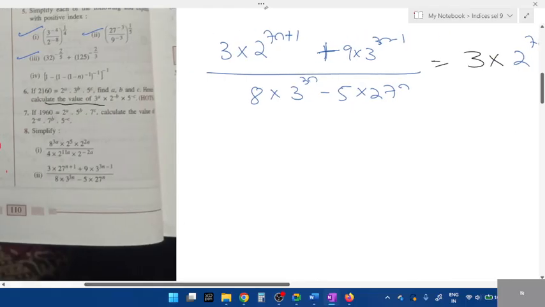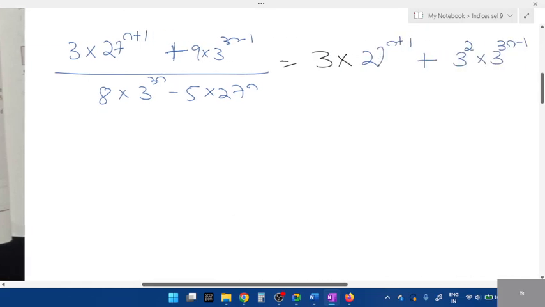Okay, this is 27 to the power n plus 1, right? 27 to the power n plus 1. How do I write 27, students? See, this is 27. 3 cube, write it in bracket, n plus 1 as it is. Is this clear?